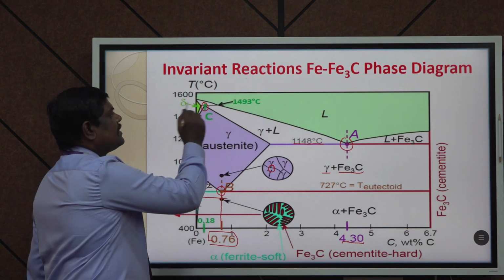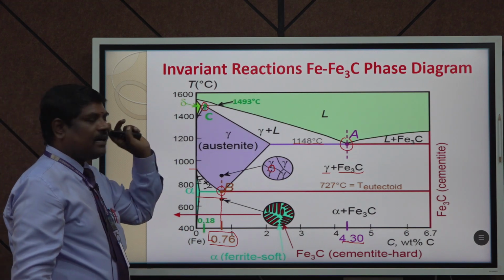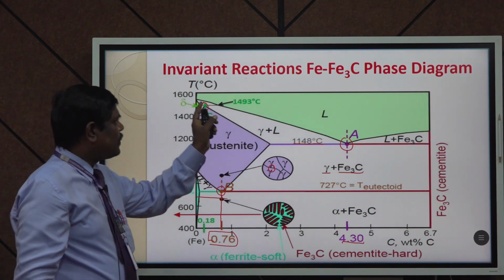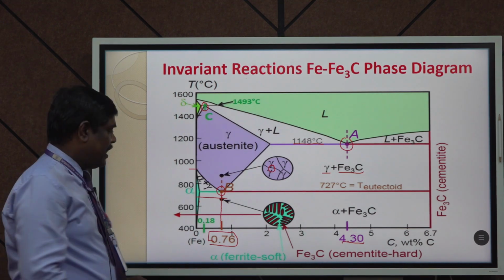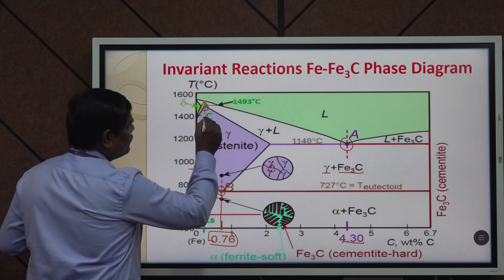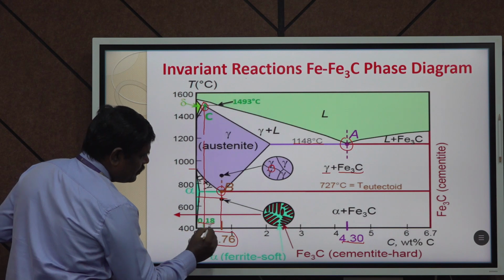And this is the third point, the peritectic point, where you have a delta solid phase and the liquid phase, and those two are converted into a solid state. When you mark the percentage of the particular point, here you have 0.18.